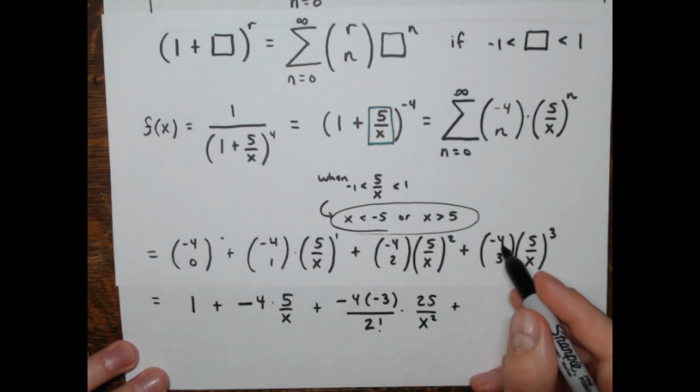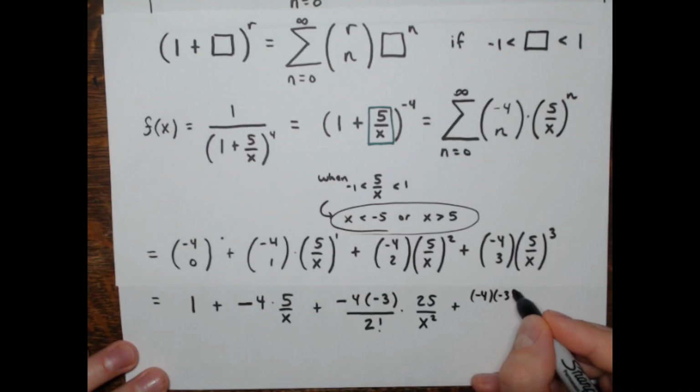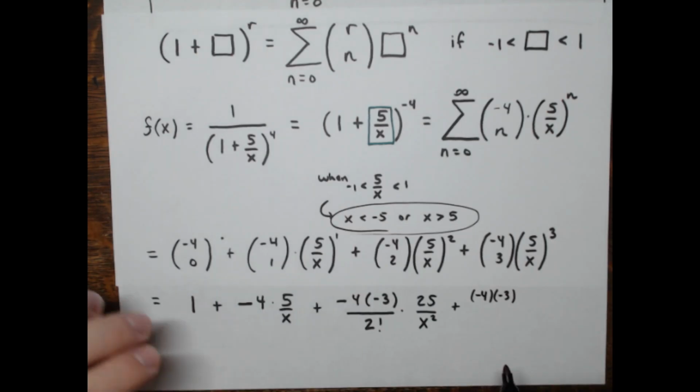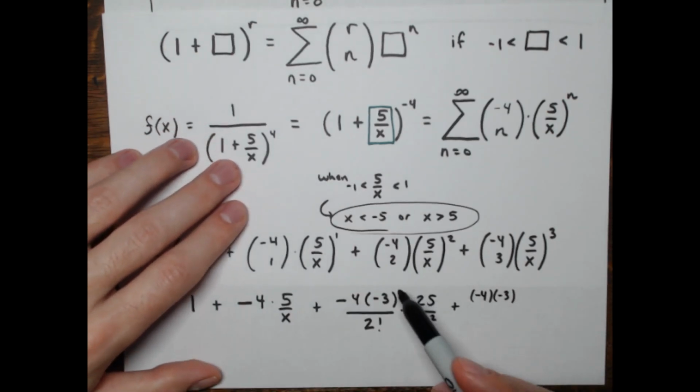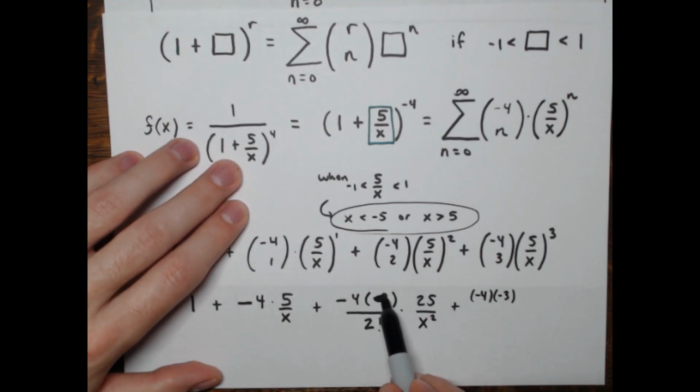And then plus, and then negative 4 choose 3 is, again, start with negative 4 times negative 3. Oh, no, sorry. I'm adding one here. Remember, you should be subtracting one. My apologies. So negative 4 times negative 5. Remember, you keep subtracting 1: r minus 1, r minus 2, and so on.